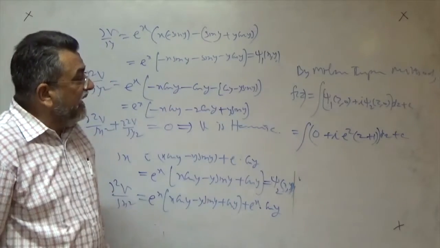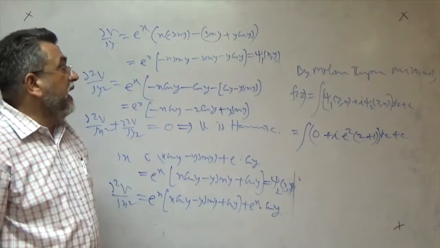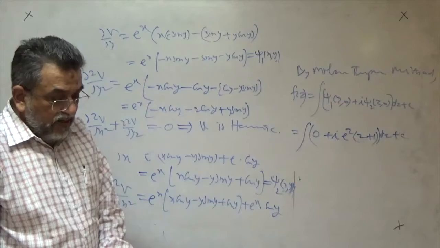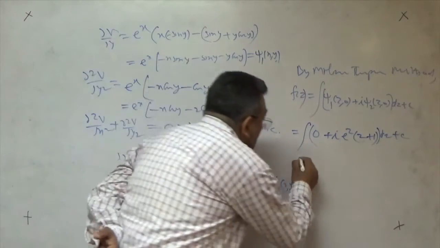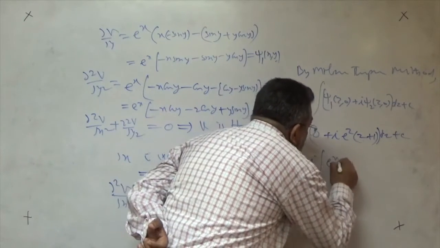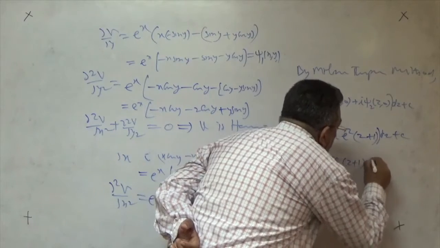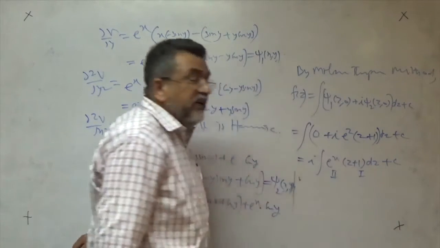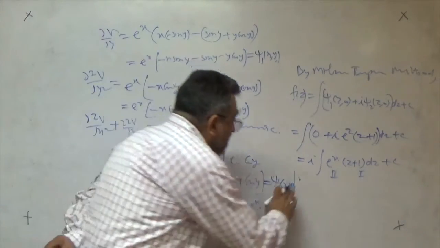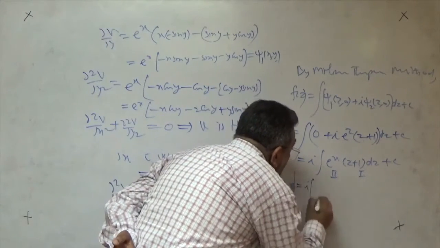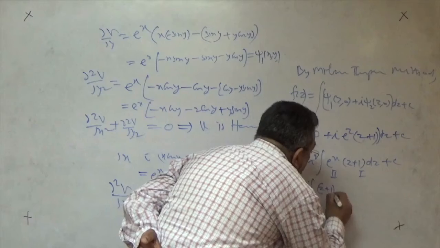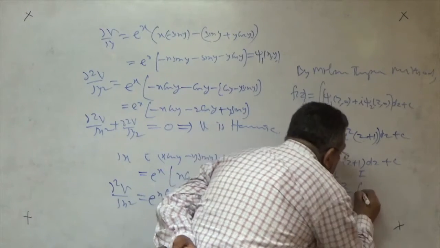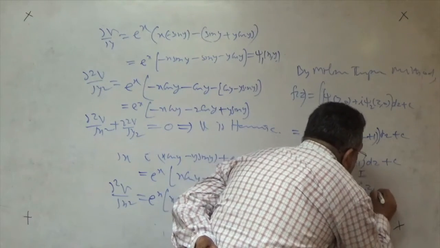Now simply integrate this, you will get the required analytic function, and i is common out. We have the integral of this function. So this is the first function, take it, integrate by parts, you know the formula: first function times integration of second function, minus integration of differentiation of first function times integration of second function.